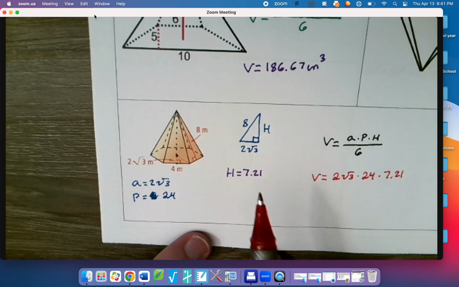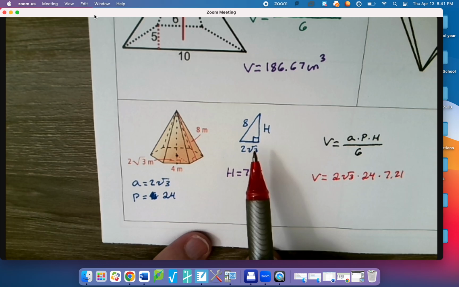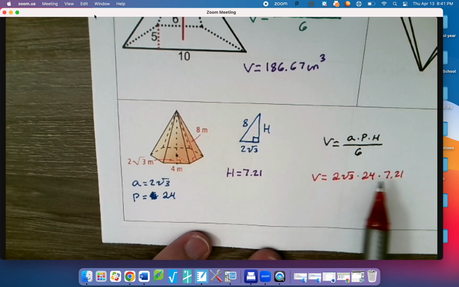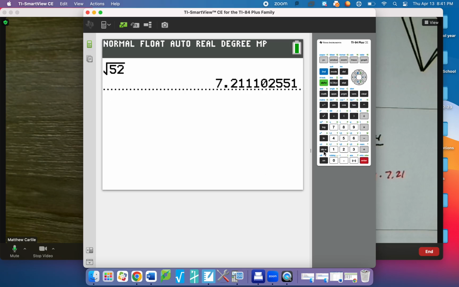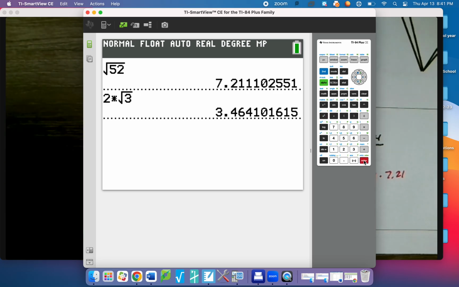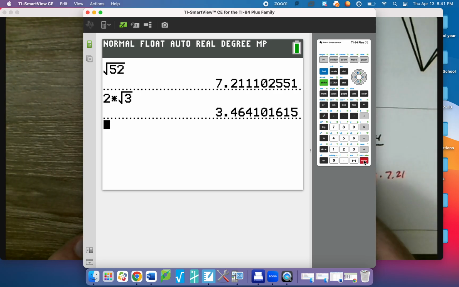Now, since I didn't keep radical form getting the height, I'm not going to keep the radical form and have a decimal. That just seems kind of dumb to have one form mixed with the other form. So I'm going to real quick find the decimal form of our apothem. And we get 3.46, and that's what I'm going to use for the rest of this problem.